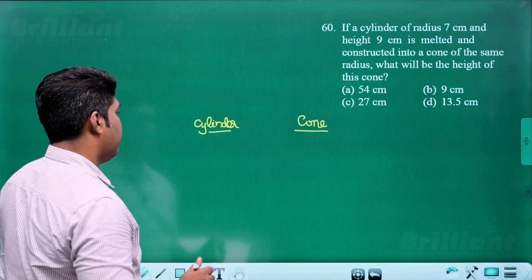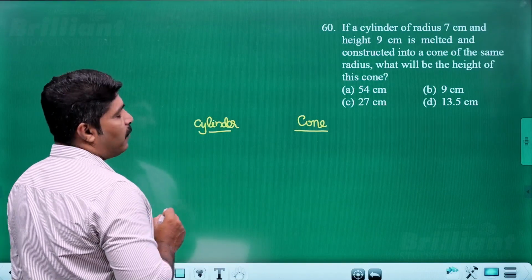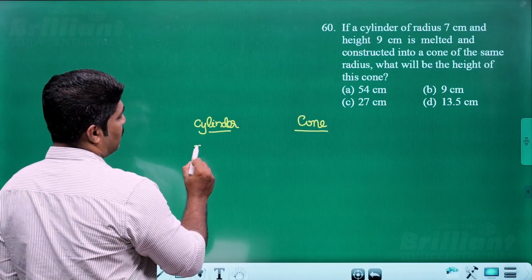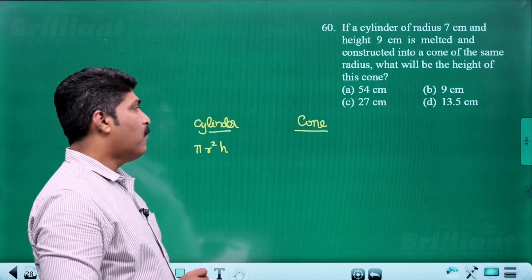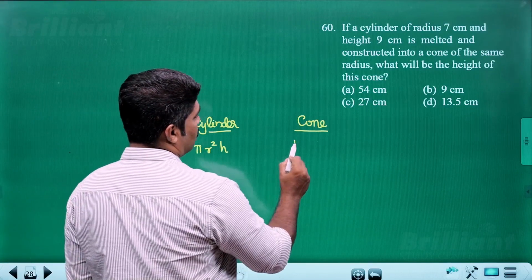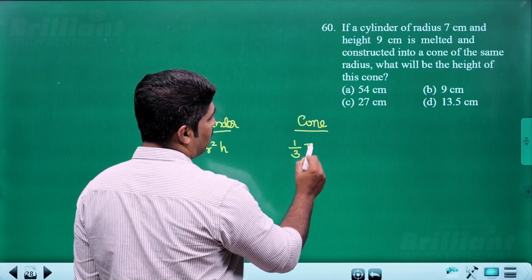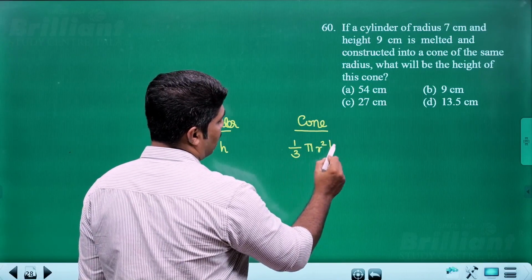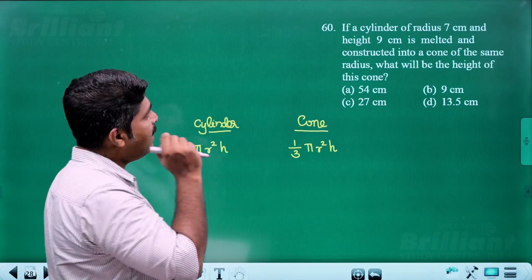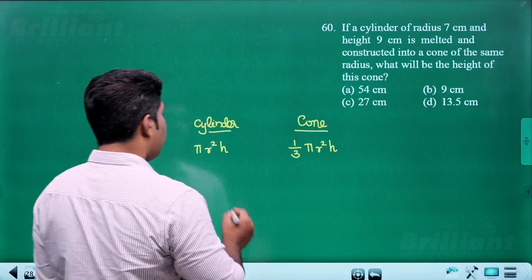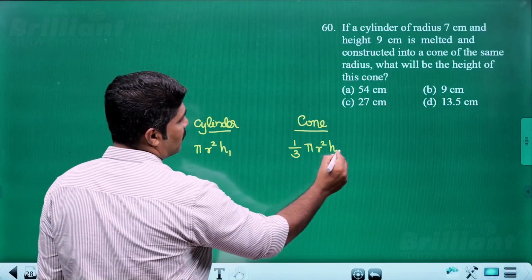That's a simple logic. So what is the volume of cylinder? That is pi r square h. What is the volume of cone? That is 1 by 3 pi r square h. Got it? Understand here the heights are different. So you can put this as h1, and this is h2.